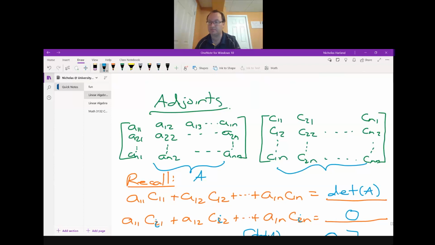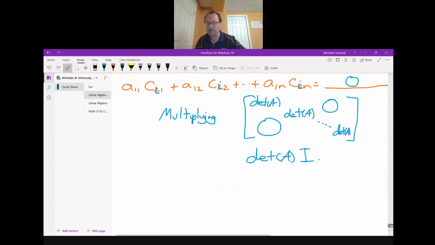However, we'll notice that instead of going along a row, in this cofactor matrix we're going along a column. And so rows become columns where they're supposed to be. In other words, we're dealing with a transpose.